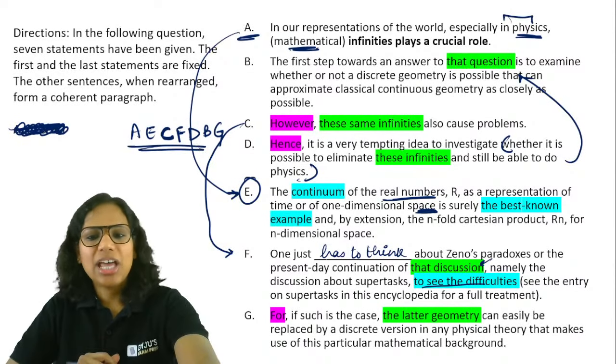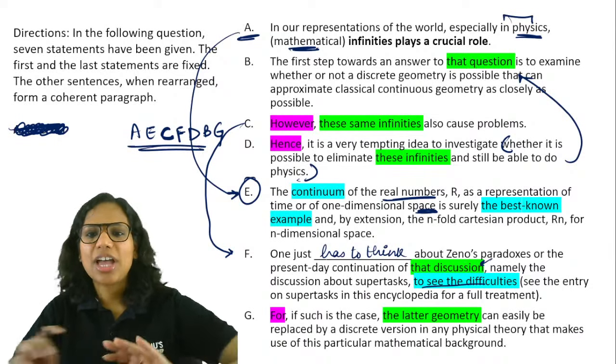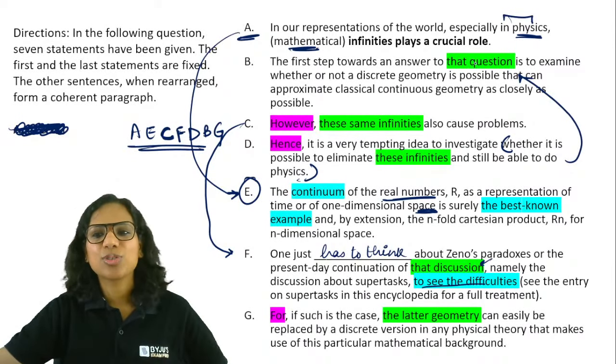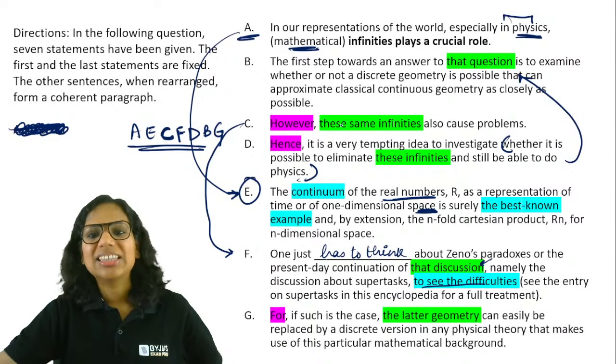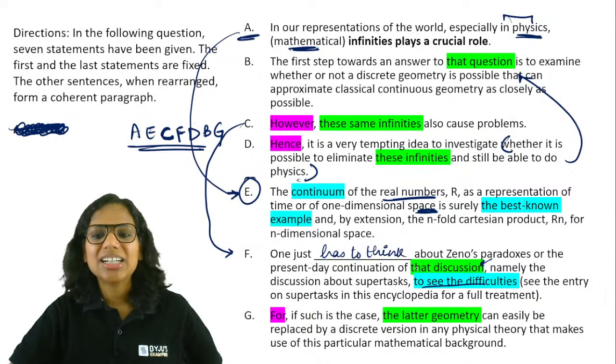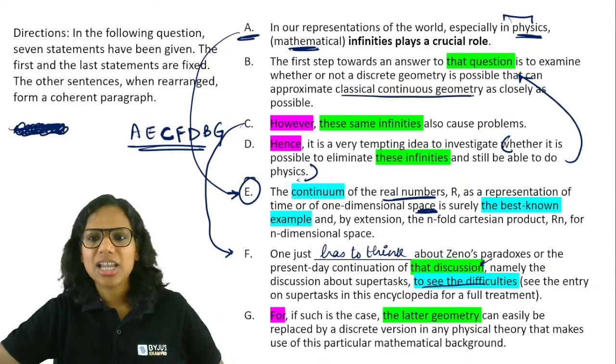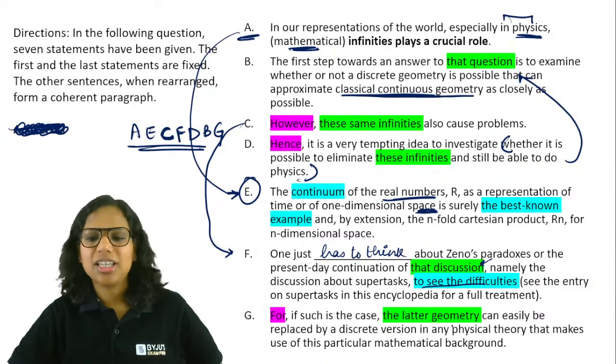Okay, what I've done is, in this paragraph, I've highlighted all the similar types of clues with similar colors. So that question, grammar-based clue. These same infinities, grammar-based clues. That discussion, which discussion? Zeno's paradox. The latter geometry, which is the latter geometry? The classical continuous geometry, probably, right? So the continuous geometry, that's what we are talking about.